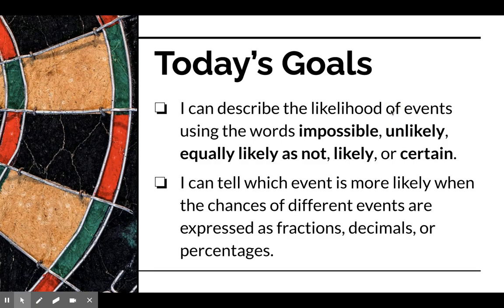So for today, our goals are as follows. We want to be able to describe the likelihood of events using the words impossible, unlikely, equally likely, not likely, or certain. We also want to be able to tell which event is more likely when the chances of different events are expressed as fractions, decimals, or percentages.